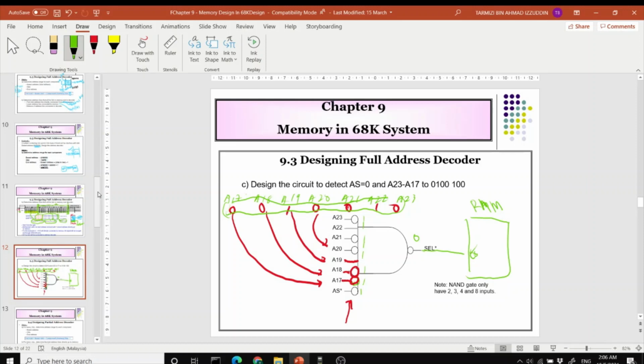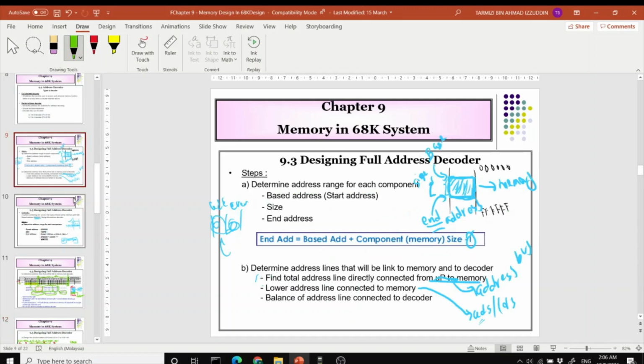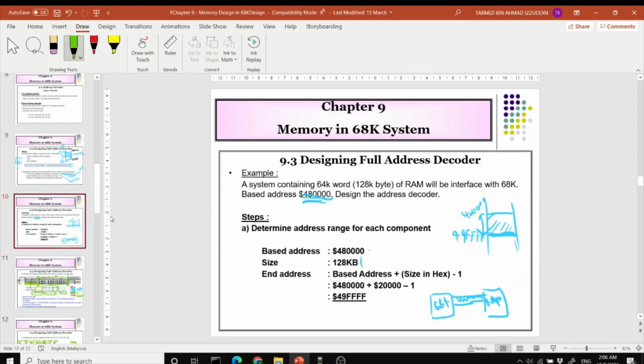So again, I repeat the steps for you. First, determine the base address, the size, and the end address. How you determine it is based on this equation over here. Identify the base address that you want your peripheral to be at in your 68K.